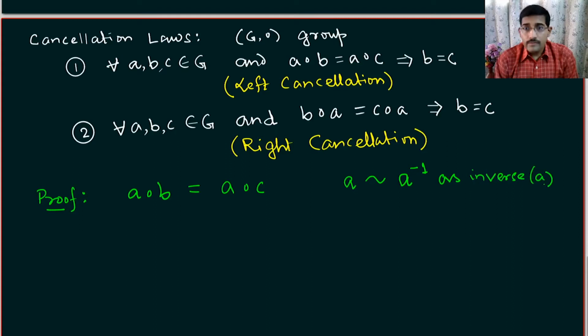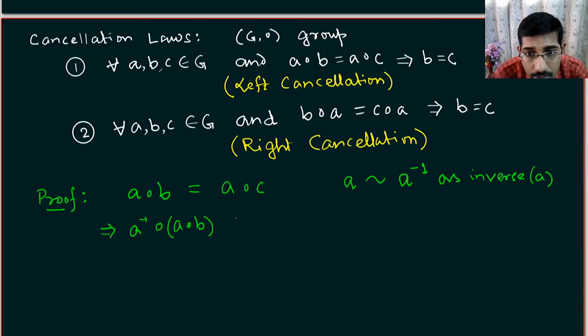For the multiplicative group, I will define it this way. For the additive group, I will define minus A. Now, I can operate A inverse with AOB and operate A inverse with AOC.